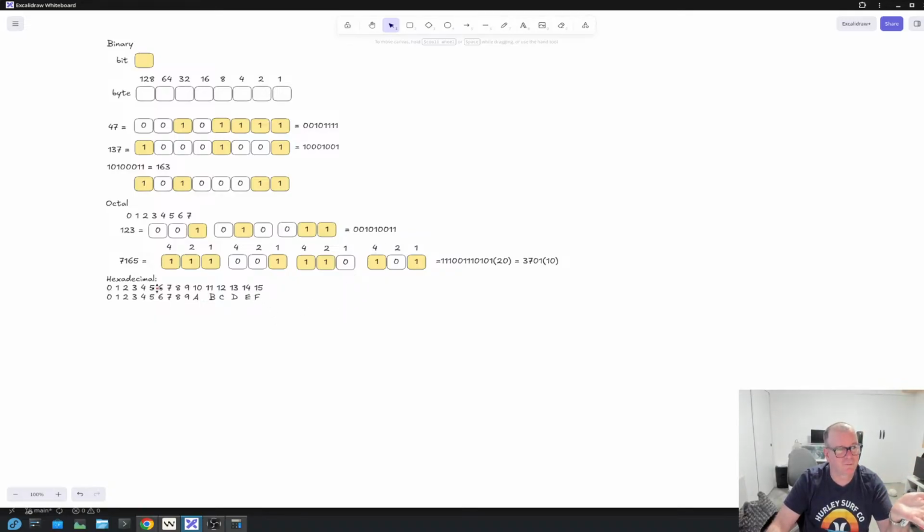How can we convert from hexa to binary, for example? Let's do this. One possible number in hexadecimal would be something like this: A1C. A1C. Okay.